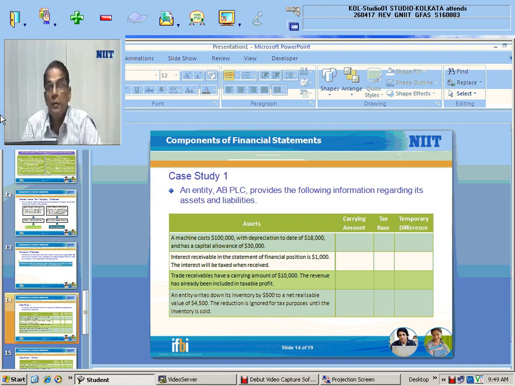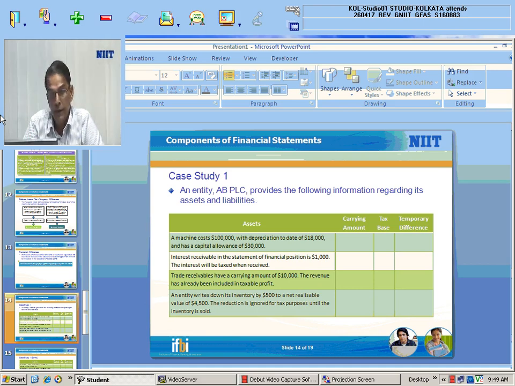So under the tax laws, the value attributed to the machine will be 100,000 minus 30,000, 70,000. So the tax base is 70,000, whereas the carrying amount is 82,000. So the temporary difference is 12,000.